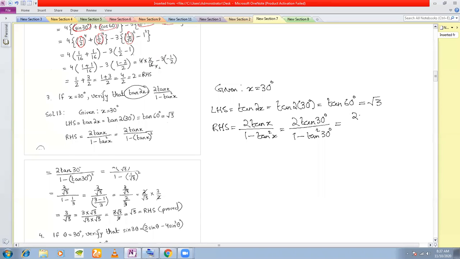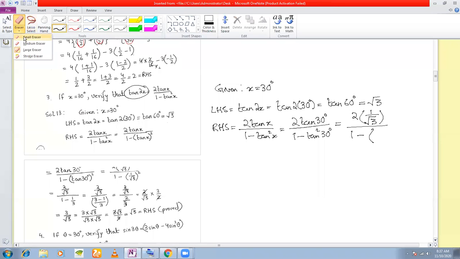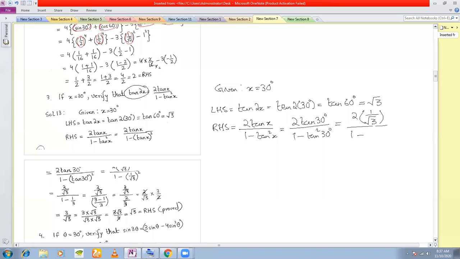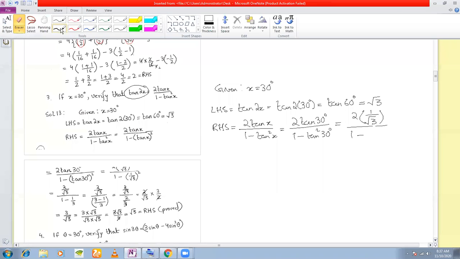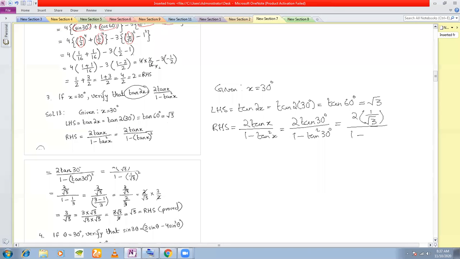From the table, it is 1 by root 3. You can also write this as tan 30 whole square first, then I will put the value. You can write directly also, but since I'm starting here, that is why I'm not writing directly.